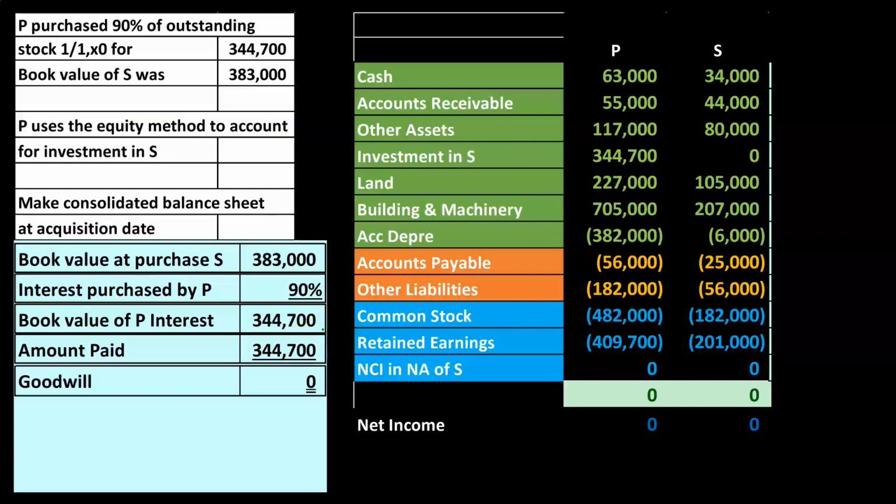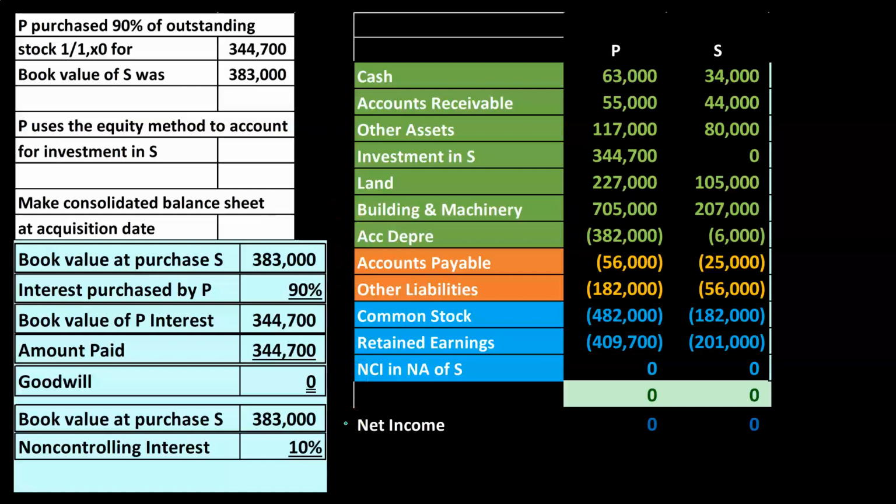So there's no goodwill that we're considering with regards to this consolidation, because the amount purchased equals basically the book value of S at that point. So the book value at purchase of S is 383, and then the non-controlling interest is 10%, and that gives us the 38,300.